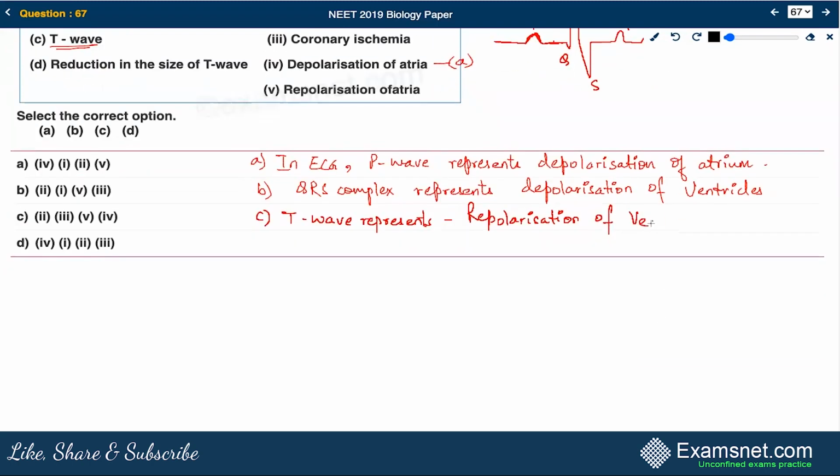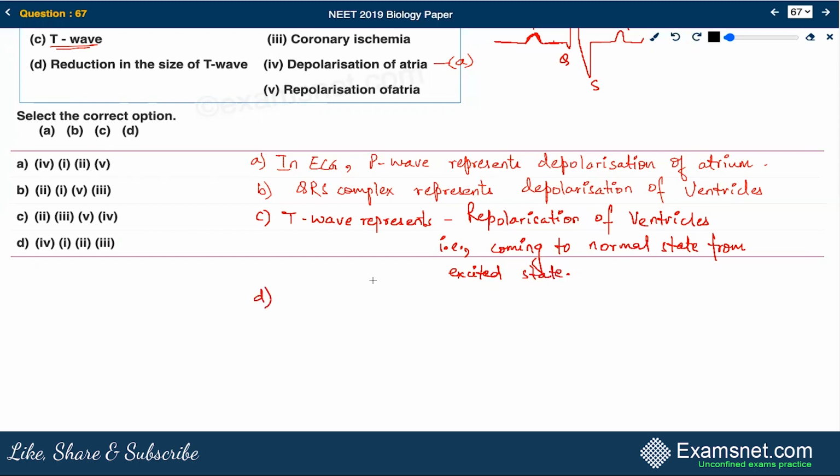That means the ventricles now will be in a relaxed state, again getting ready for starting the process of the cardiac cycle. So repolarization of ventricle, that is coming to the normal state from the excited state.